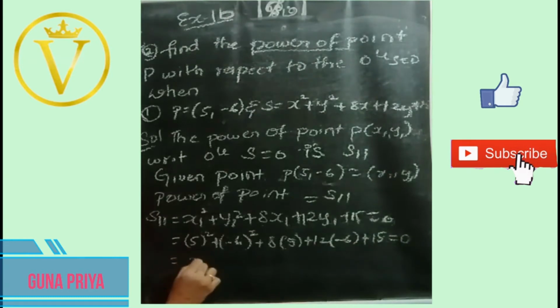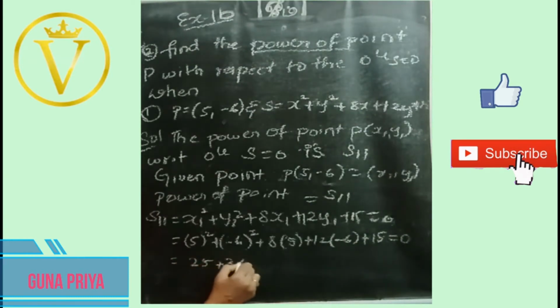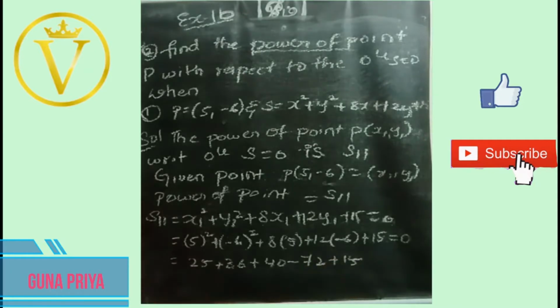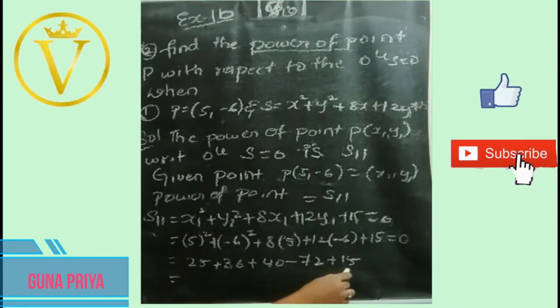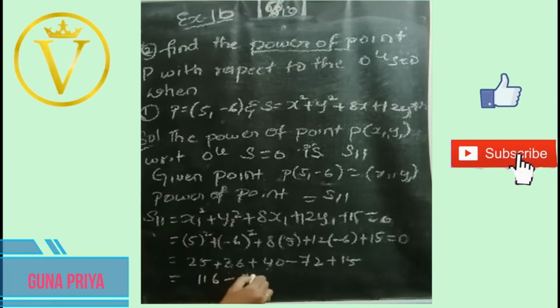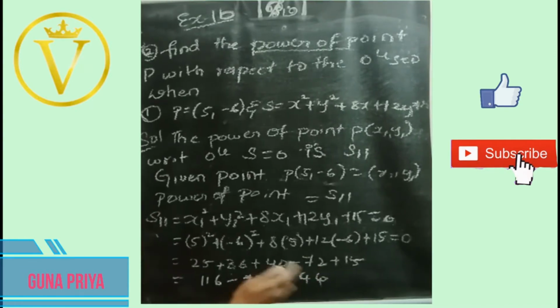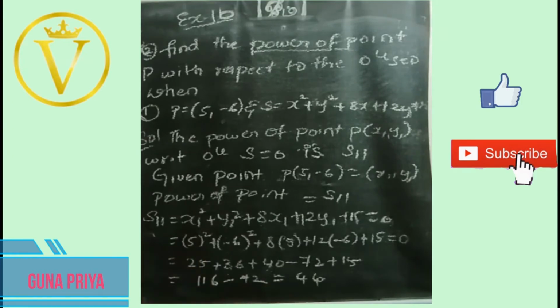So 25 plus 36 plus 40, plus 72, plus 15. 25 plus 15 is 40, 40 plus 40 is 80, 80 plus 36 is 116, then plus 72. So we get the power of point S11. That's it. Very simple. Now we'll go for another problem for the power of point.